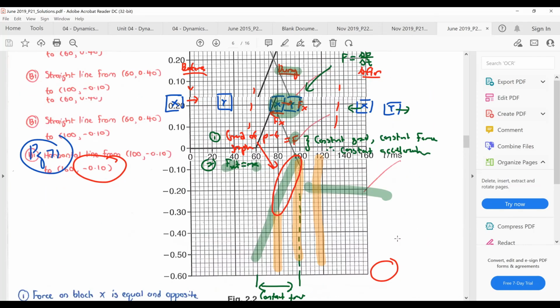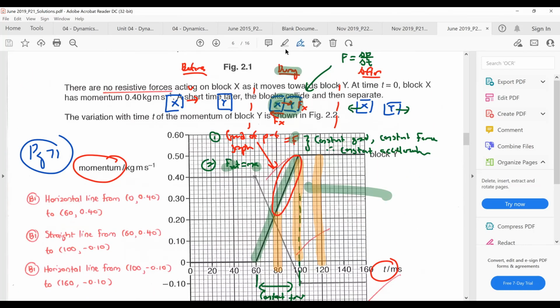All right. And then after that, if you look at the other part from 80 to 120 milliseconds, which is this part here, you can say that this one is zero gradient, zero force. Therefore, zero acceleration.